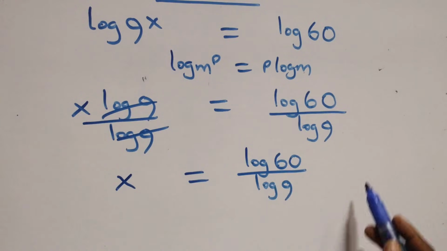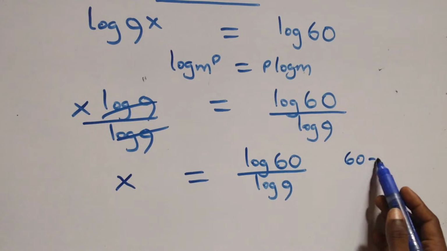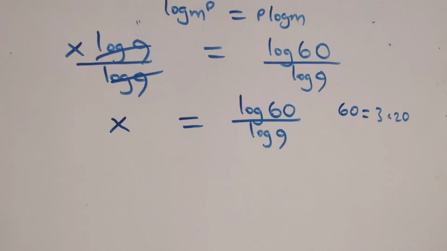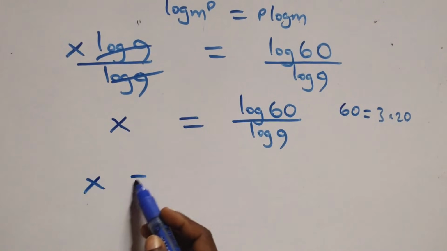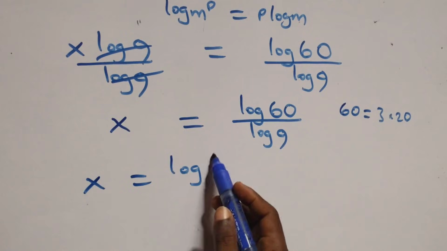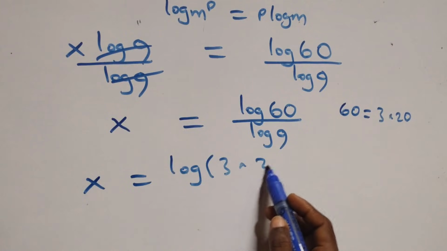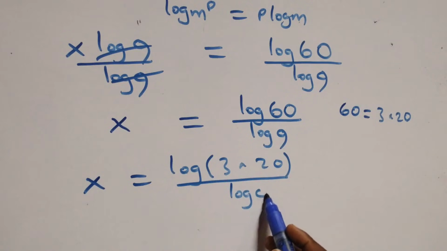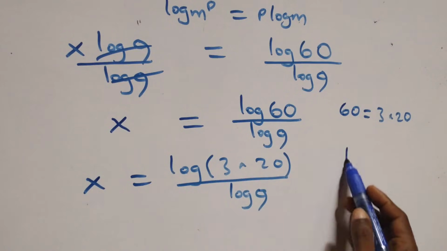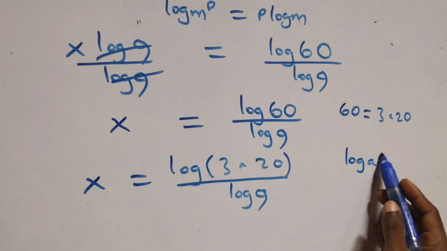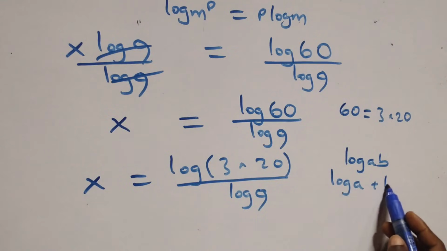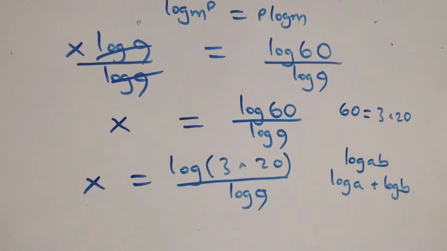Then, from here, you can write 60 as 3 times 20, which implies that we have x equals to log of 3 times 20 over log 9. And this follows from the law that log of a times b can be written as log a plus log b.